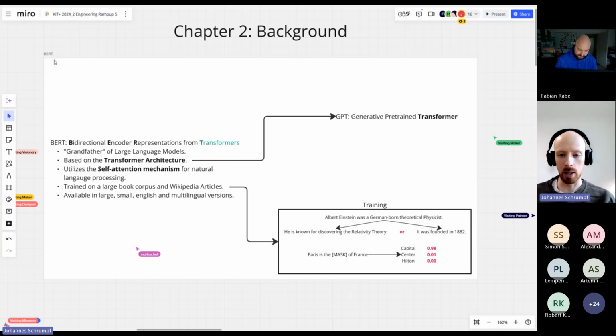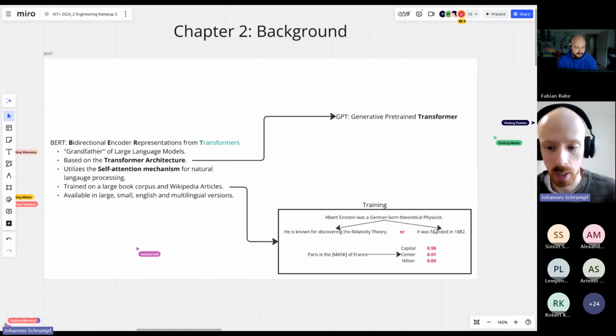So for example, one example sentence is: Albert Einstein was a German-born theoretical physicist. And then the follow-up sentence could be either: he is known for discovering the relativity theory, or a candidate could be: it was founded in 1882. And then the model is tasked to decide which of the two is the follow-up sentence.